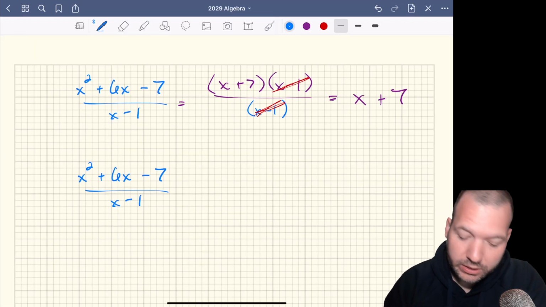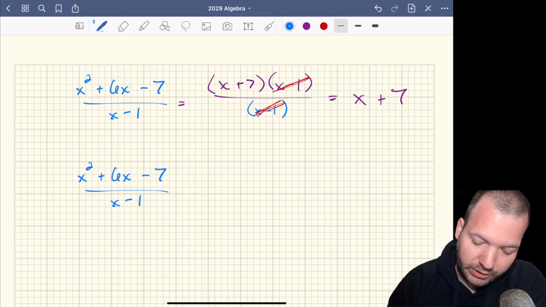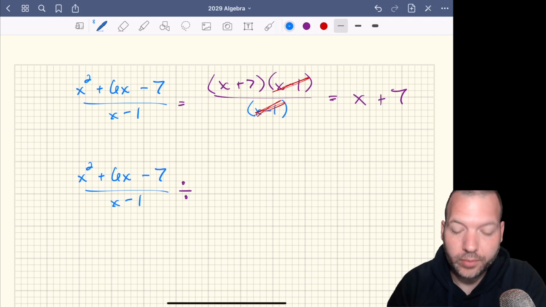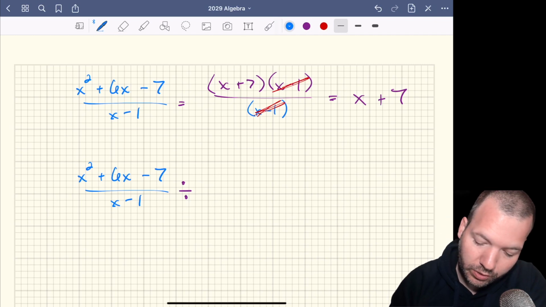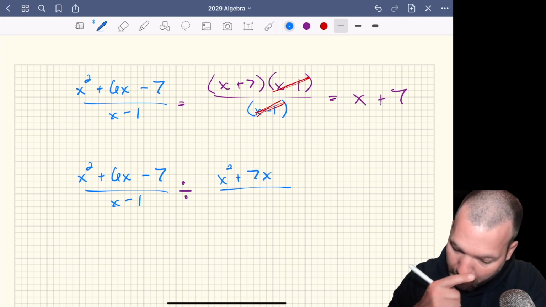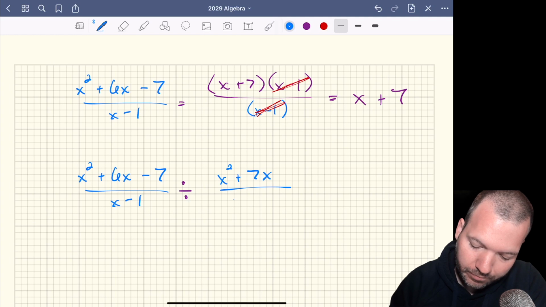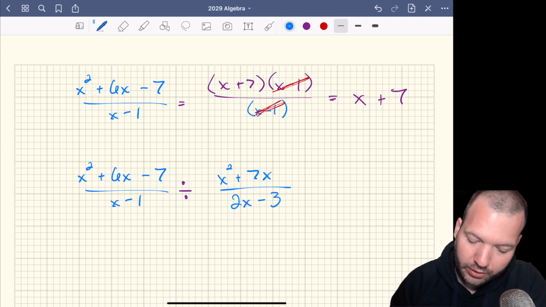Or maybe we take this same expression, x squared plus 6x minus 7 divided by x minus 1, and we say, let's actually take that whole expression and divide it by another rational expression. This one we will call x squared plus 7x over, say, 2x minus 3.